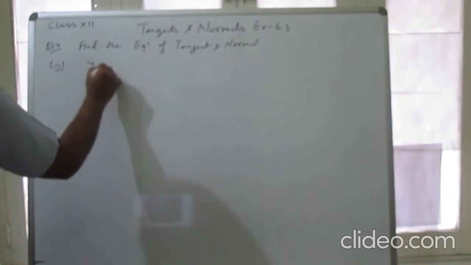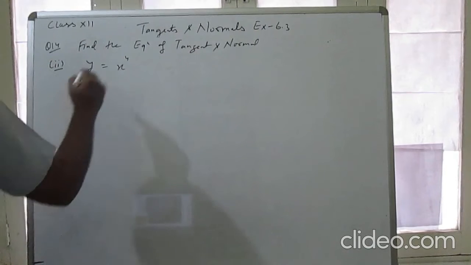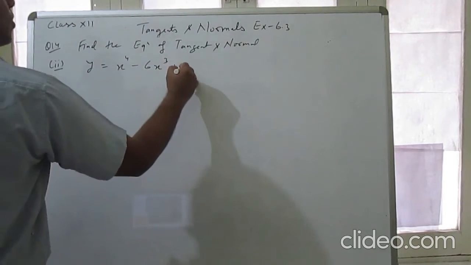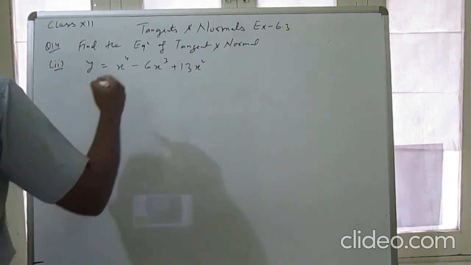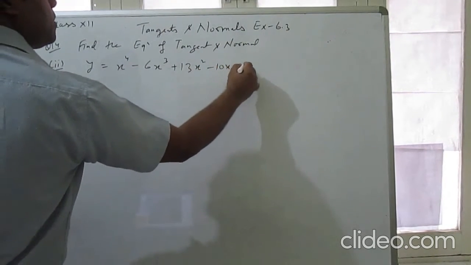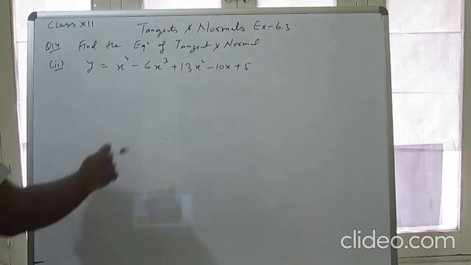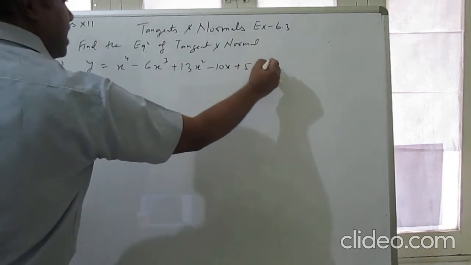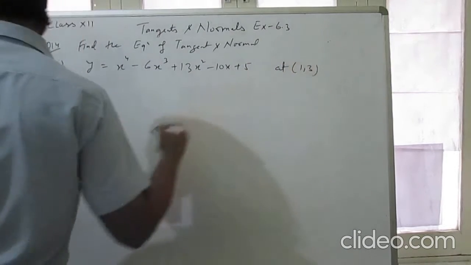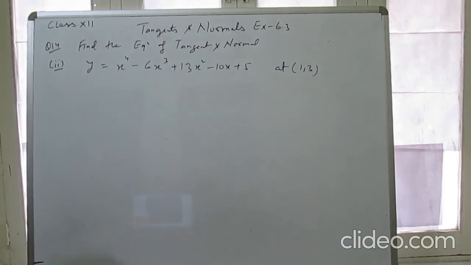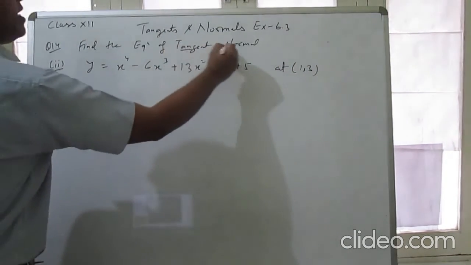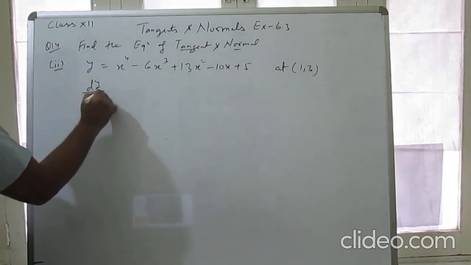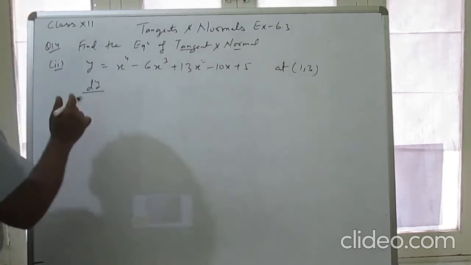The curve is y is equal to x to the power 4 minus 6x cube plus 13x square minus 10x plus 5, at 1, 3. Now the equation of tangent and normal. So first we find the slope dy by dx. There is no need to assume a point, 1, 3 is given.